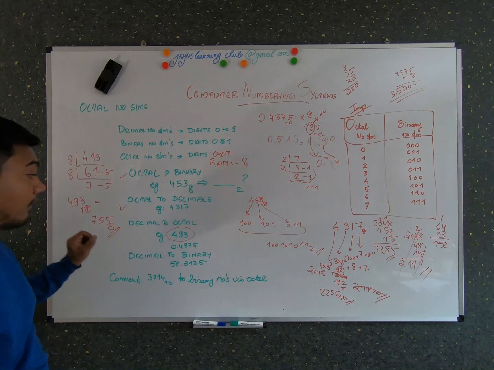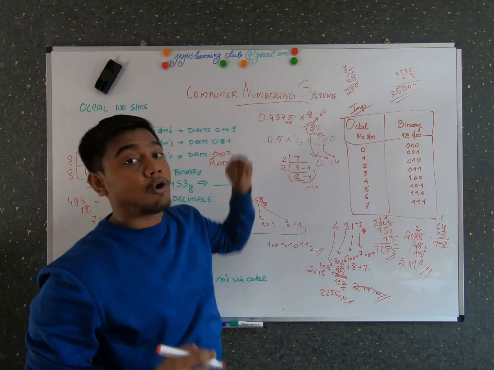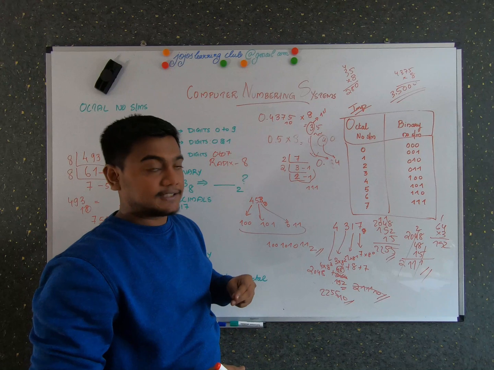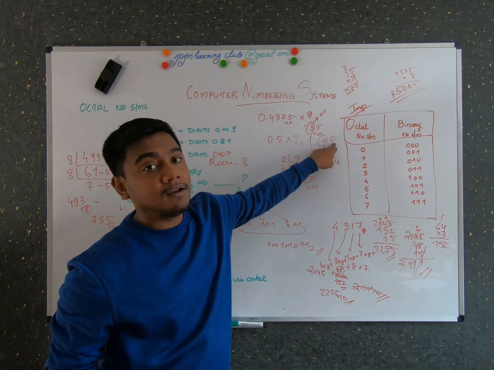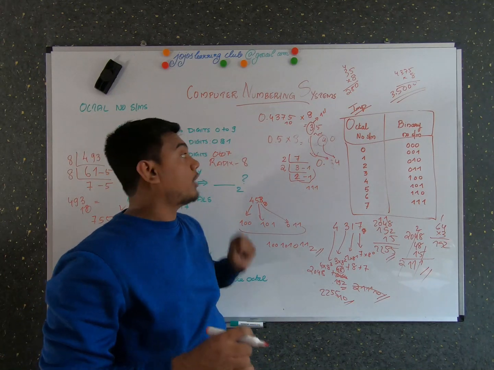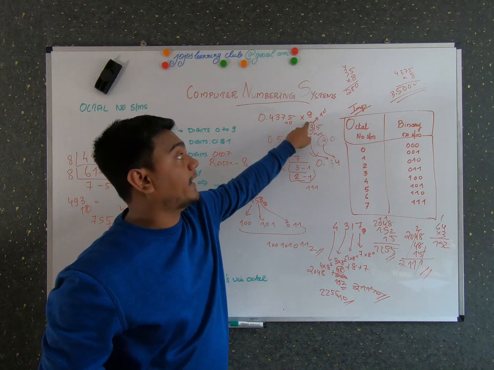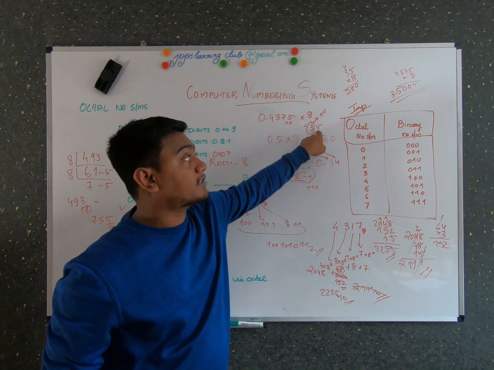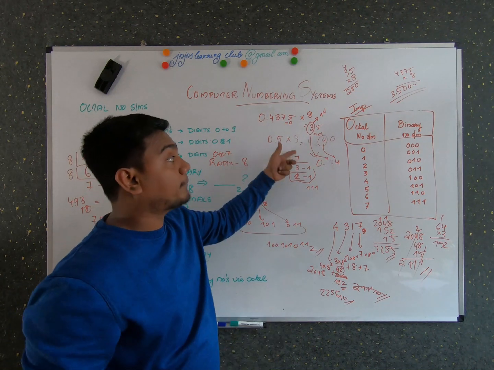When you want to convert a decimal number to an octal number, you have to constantly multiply by 8, okay? Until you get a 0, you have to multiply by 8. So you got 3.5. My rest of the decimal part is 0.5. Again with that decimal fraction you multiply by 8.